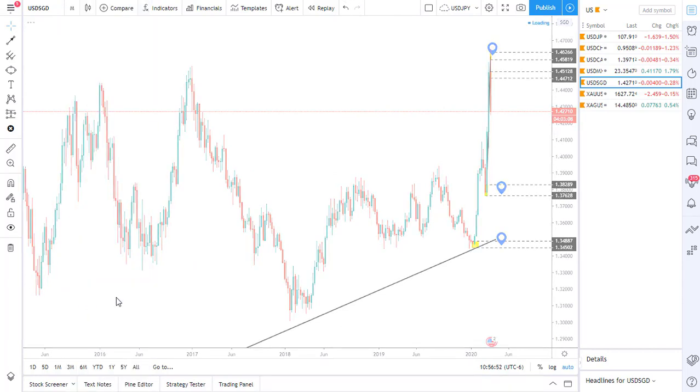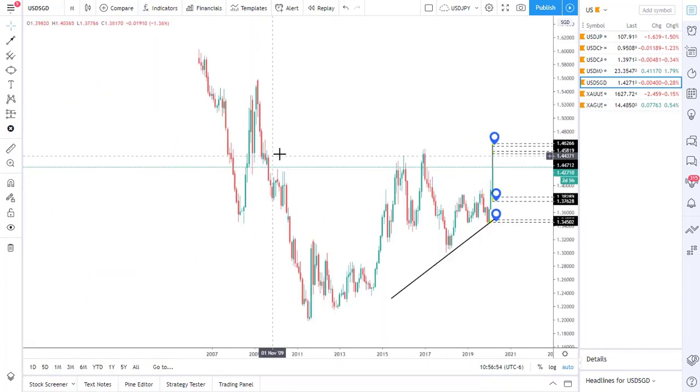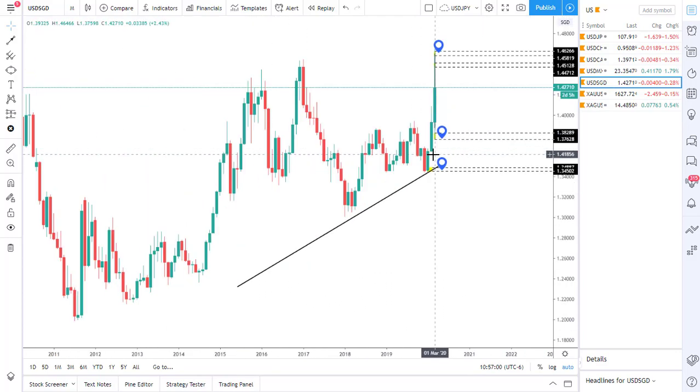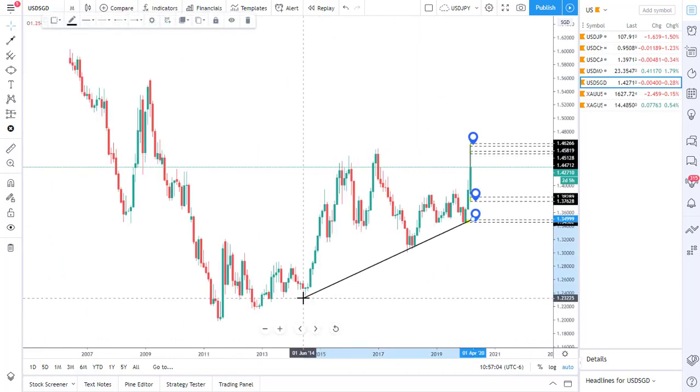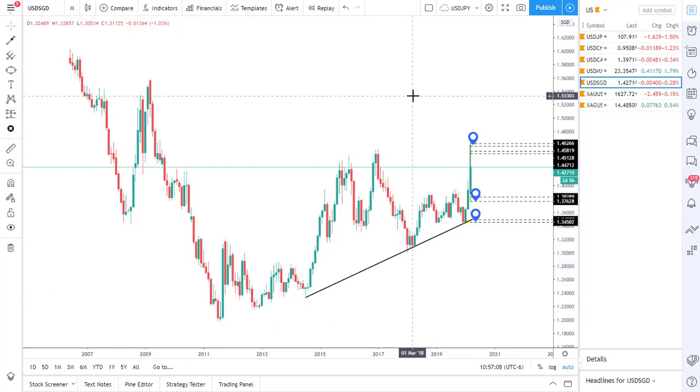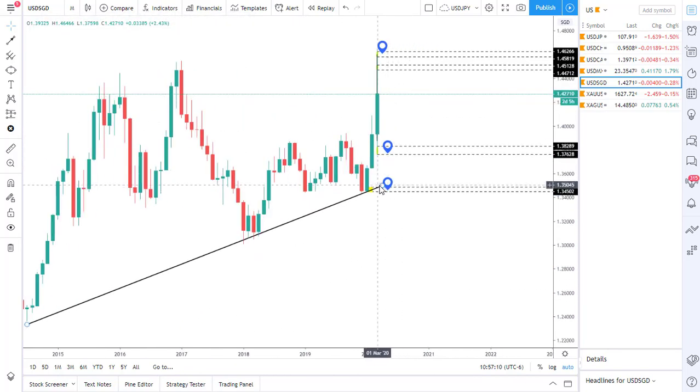That's the main reason. This monthly supply zone there. So that's the opportunity I have for dollar Singapore. Let's wait for the retracement so we can get short. Let's check one more.